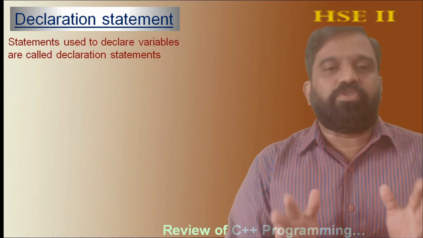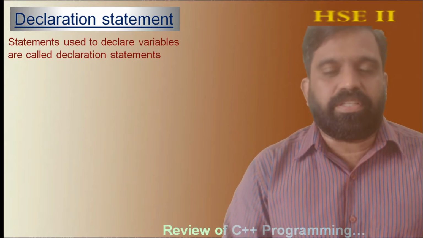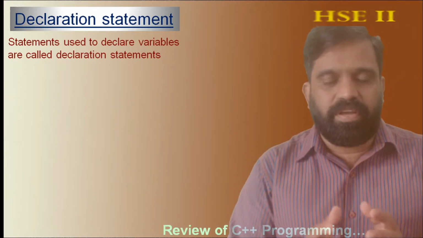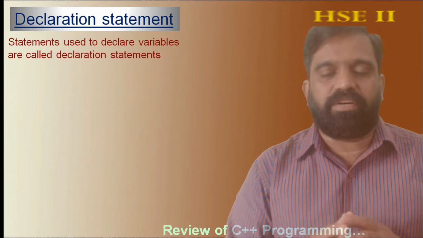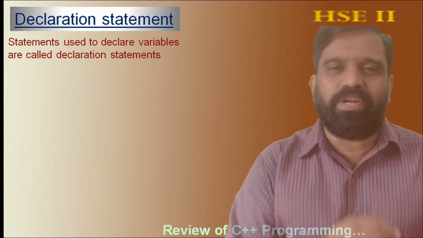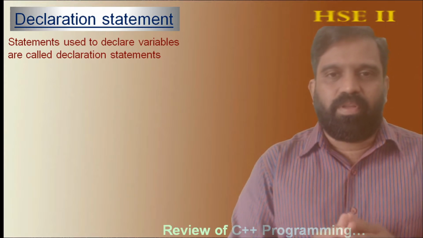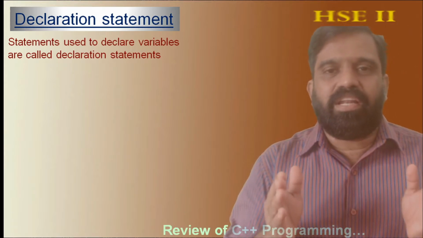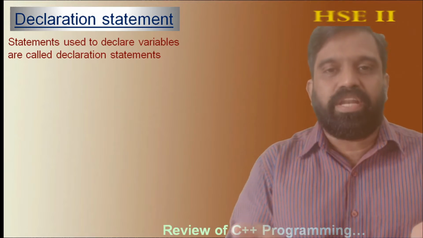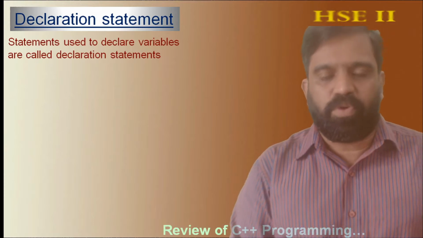Statements used to declare a variable are called declaration statements. Why do we have to declare a variable? Because we have to tell in advance about the nature of the variable before we write the program.